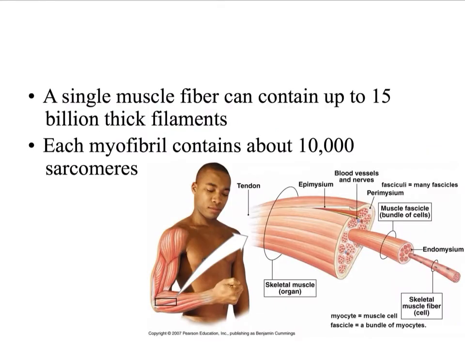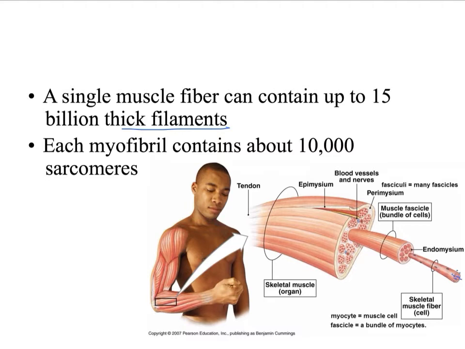Now, please don't try to memorize these numbers because I'm not going to ever ask you this. I put this in here so you've got some sort of comparison in your brain here. So a single muscle cell can have up to 15 billion myosin filaments. Each myofibril, again, the myofibrils are represented by the little dots that you see over here, contains about 10,000 sarcomeres.